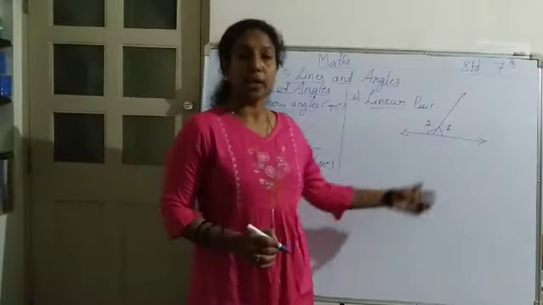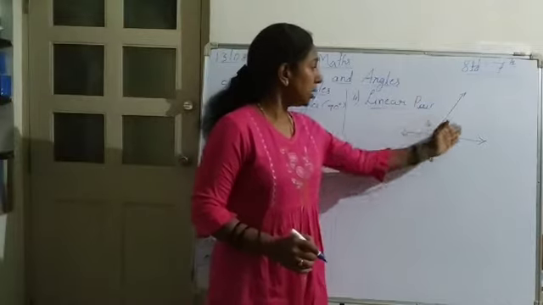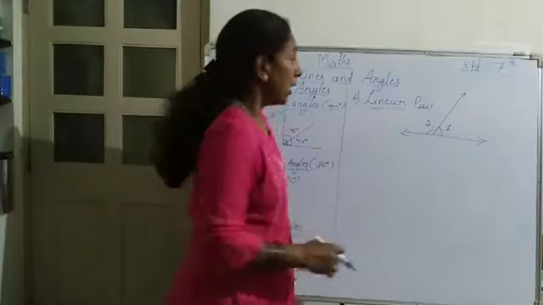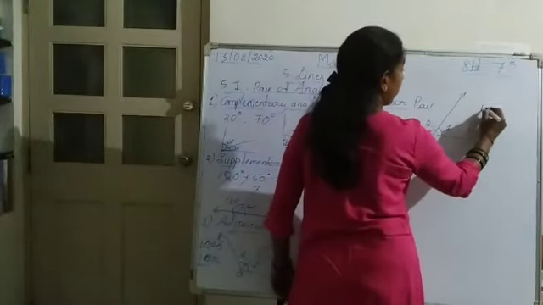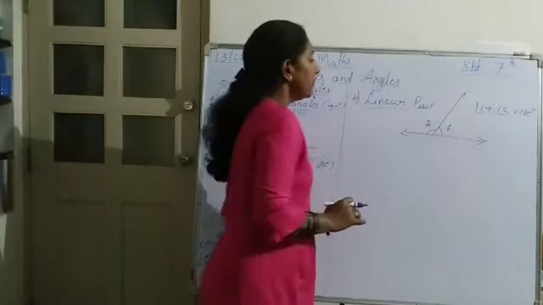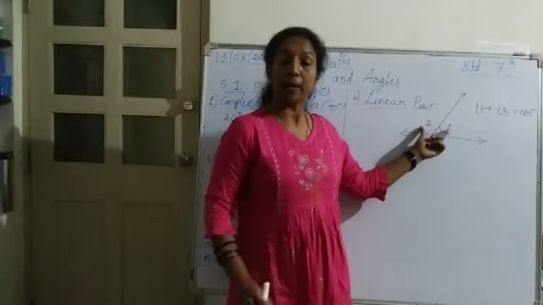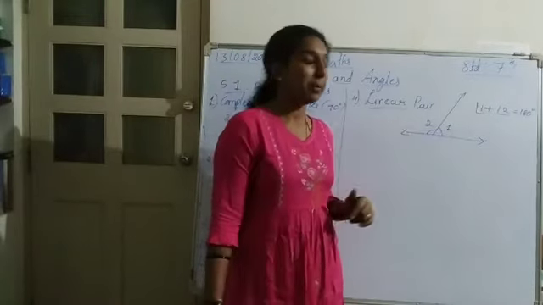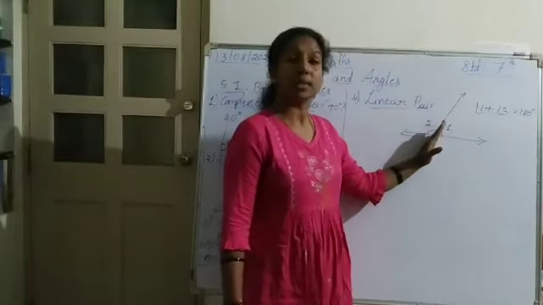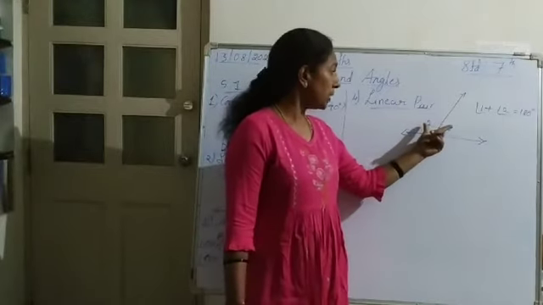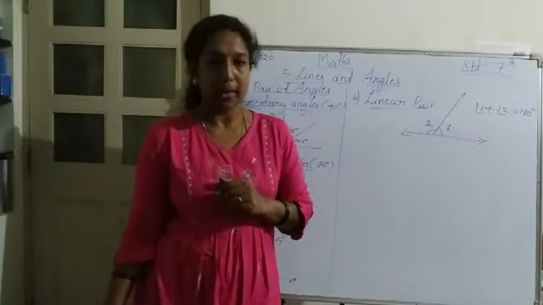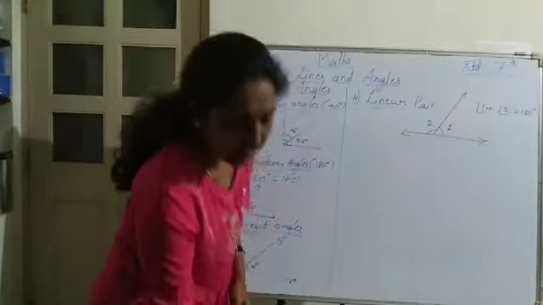If these two angles are on one line, and you add them, angle 1 plus angle 2 is equal to 180 degrees, then we say these two angles are called a linear pair. You have to remember that this is a straight line and on that one ray is standing. So if the sum of these two angles is equal to 180 degrees, then those two angles are called a linear pair.